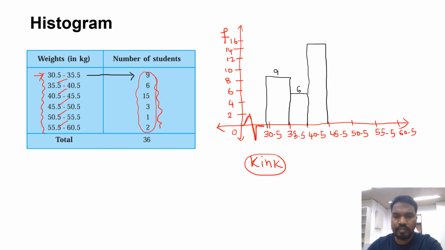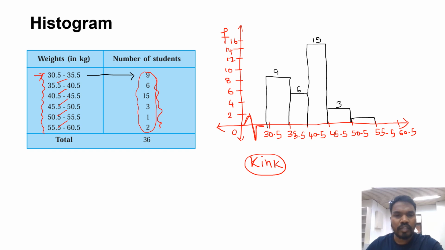above 14, right? Because as I said, all these bars are consecutive to each other without any gap, because of the continuous class intervals. And next is 3, so 3 will be here, right? So this is 3 and this is 15. The next we have 1, so 1 is this.